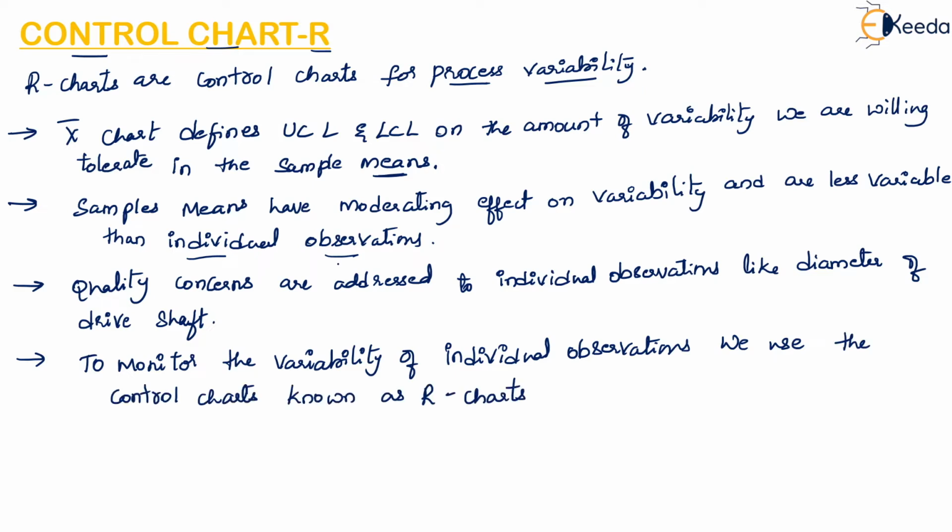The X bar chart deals with the means of the sample. If you want to monitor the variability of individual observations, not the sum divided by the number of observations, then we should use the control charts known as the R charts.